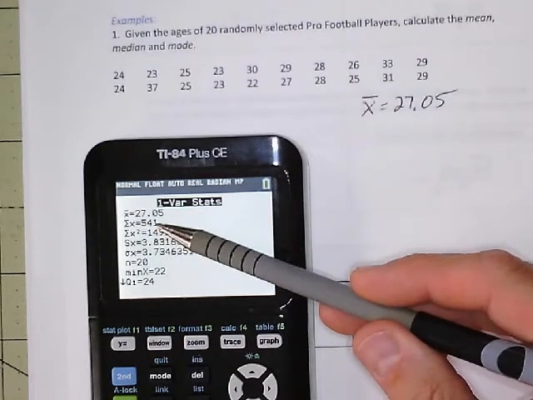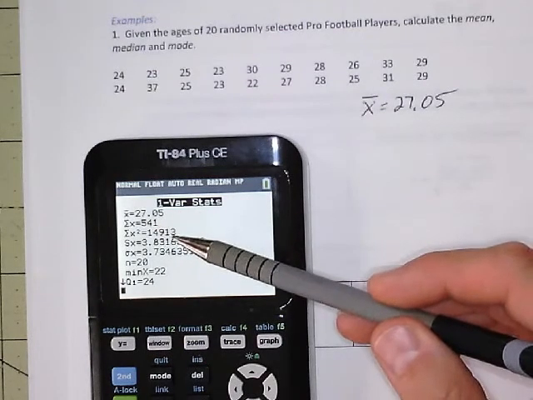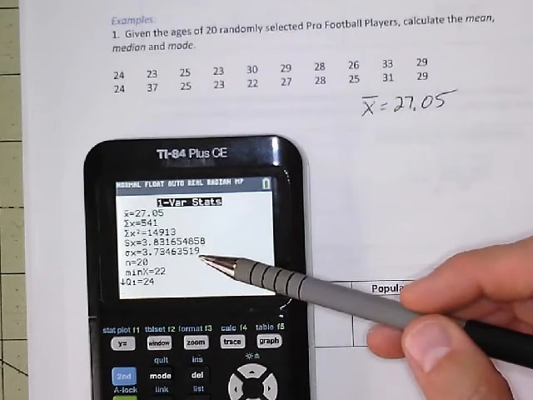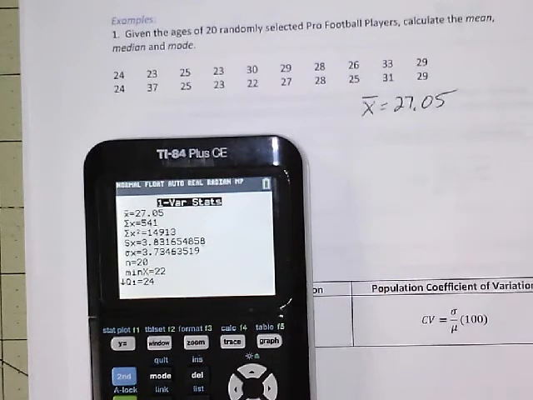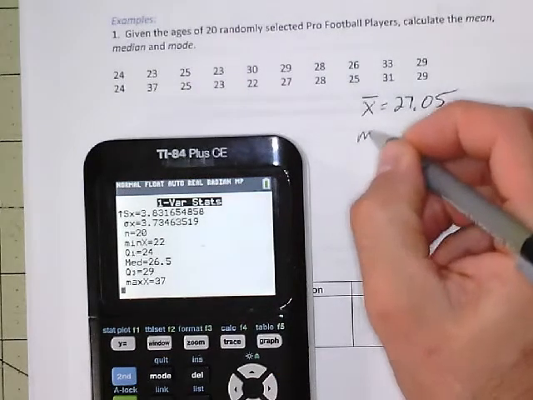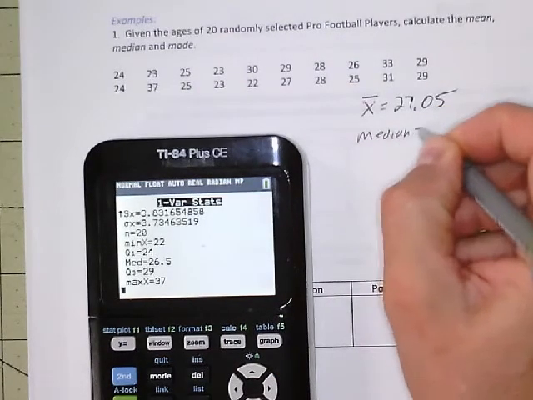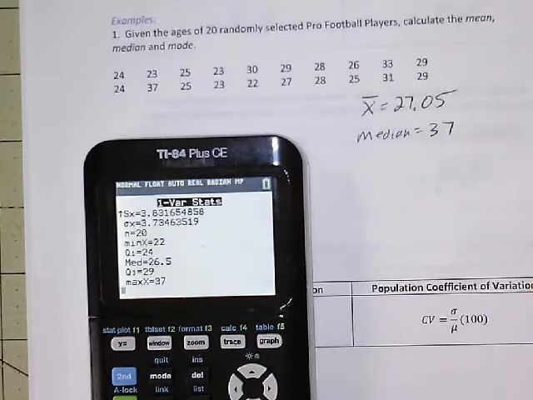Now there's other information here, and I'll get to all that in a second. X bar, sigma x here is the sum of all the data. That's the sum of all the data squared. These are standard deviations. I'll talk about those in the second half of the videos. N, 20, is our sample size. It gives us our minimum value, our quartile values. It also gives us the median.